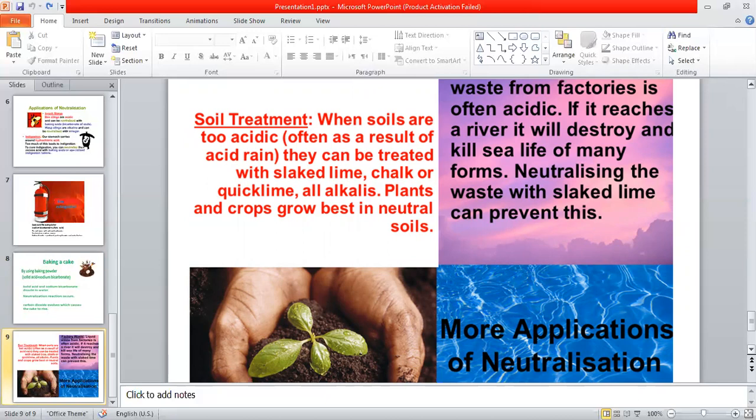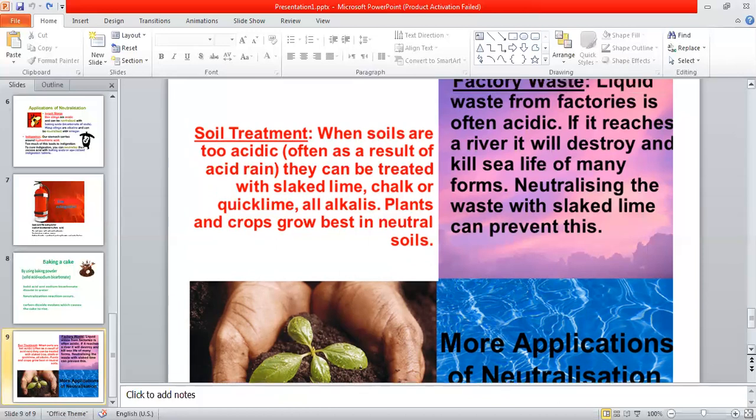So in order to neutralize it, I have to use an alkali. Some alkalis that can be used, I can use something called slaked lime. It is an alkali. Sometimes we use chalk or quicklime. All these are examples of alkalis that we can use in order to neutralize the pH of the soil. Many plants grow at a neutral pH of the soil.